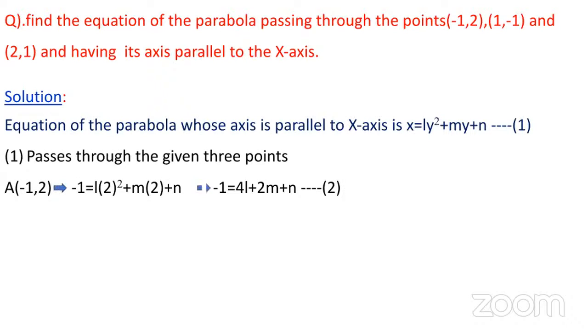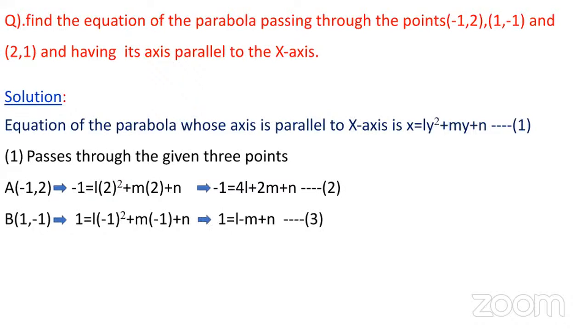This is equation number 2. Similarly for the next point, minus 1 equals l of minus 1 square plus m of minus 1 plus n, so you will get 1 equals l minus m plus n.